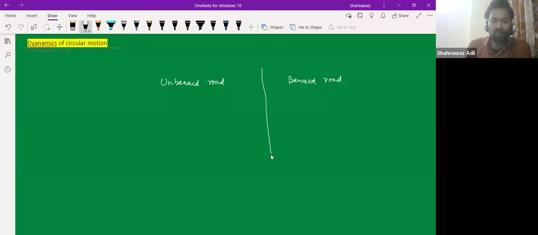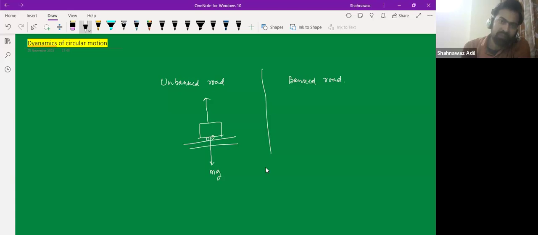Let's say this is some car which is moving on this road. The car will have this normal reaction and this mg.